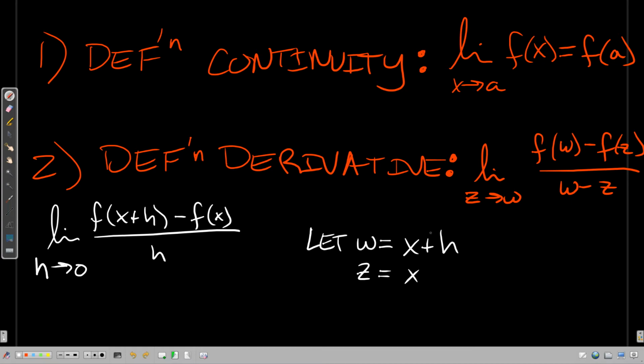Because if I did such a thing, then this limit, instead of z going to w, would be x going towards x plus h.